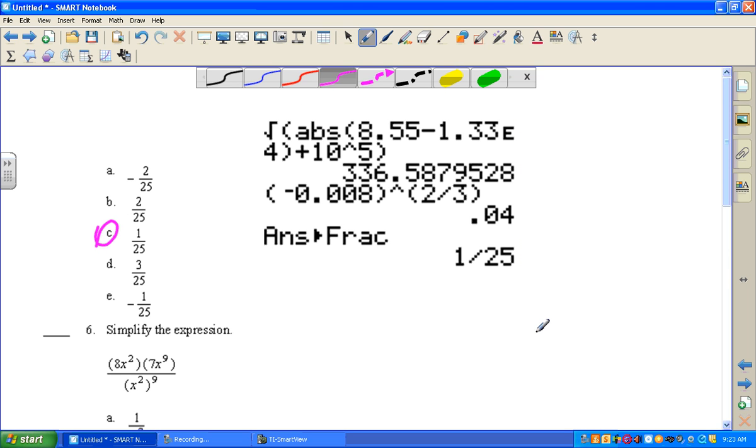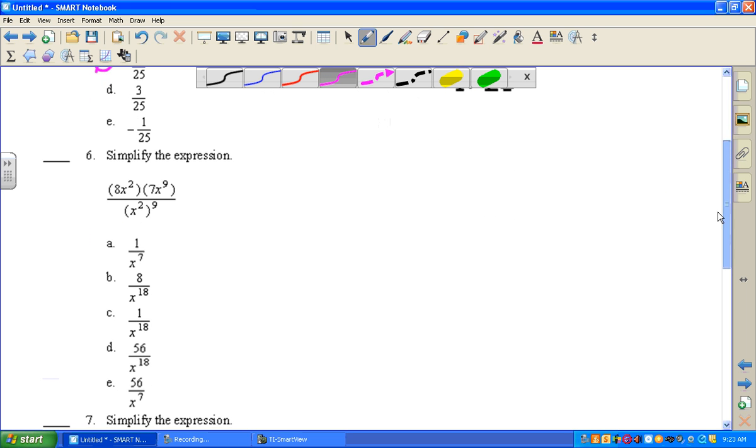All right, Larissa, how do you do number 6? Quiet, please. I wrote it out, and then I multiplied 8 and 7, got 6, and then I added the exponents, which is x to 11. Yeah.